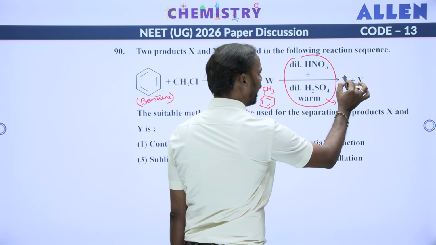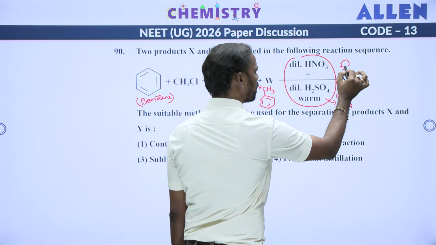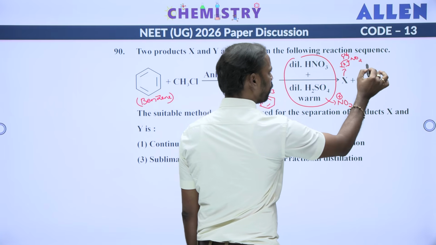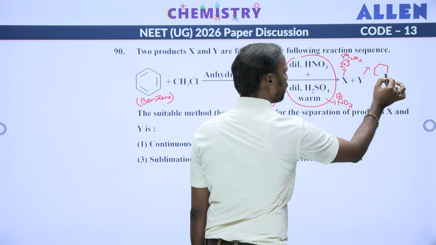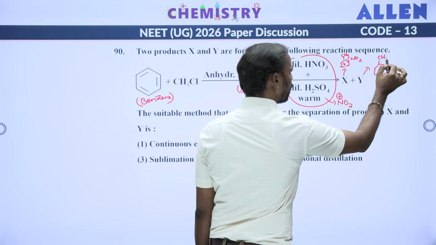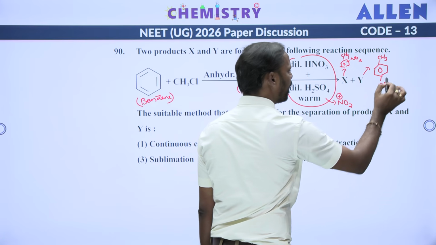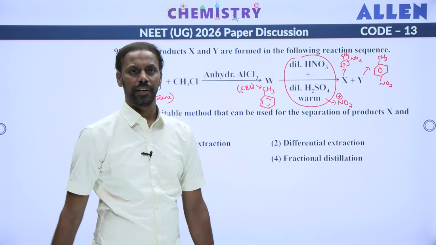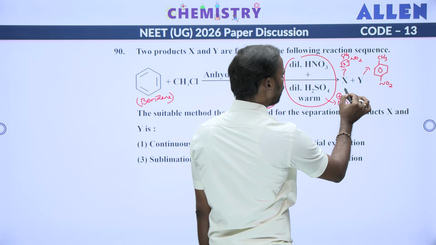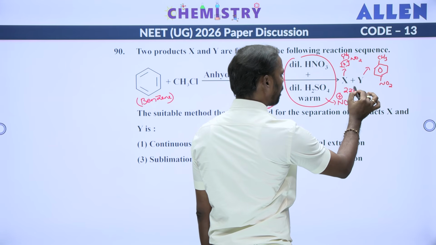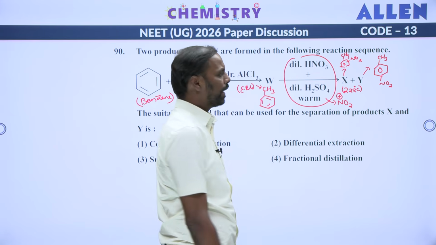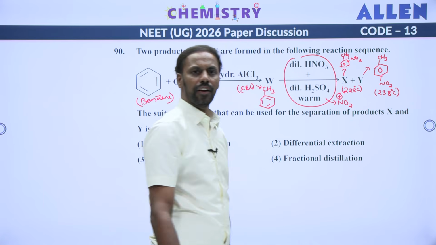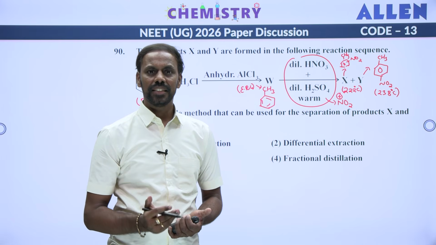That means here X will be, suppose, ortho nitrotoluene. Next, what is Y here? Para nitrotoluene. But these ortho and para nitrotoluene differ by a very small boiling point difference. Suppose the boiling point of ortho nitrotoluene is approximately 222 degrees, whereas this is 238 degrees, so they have very little difference in boiling point.